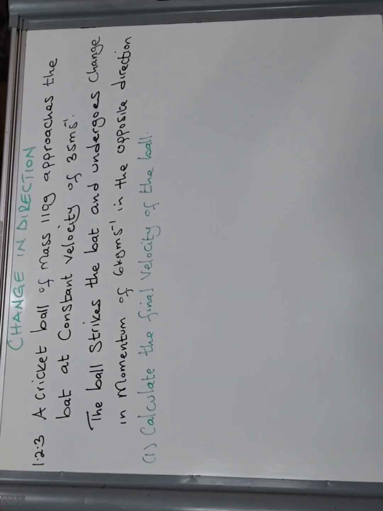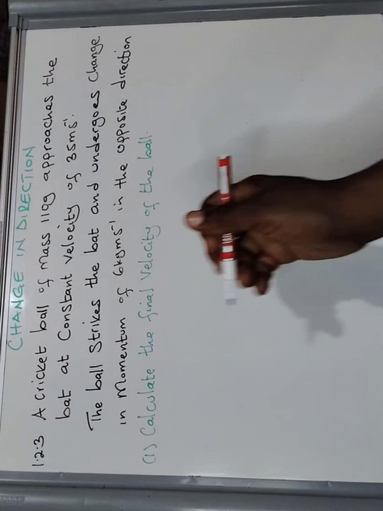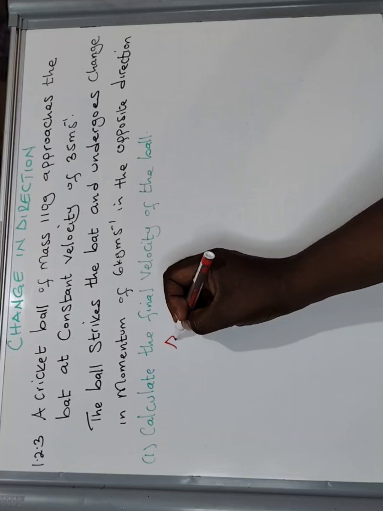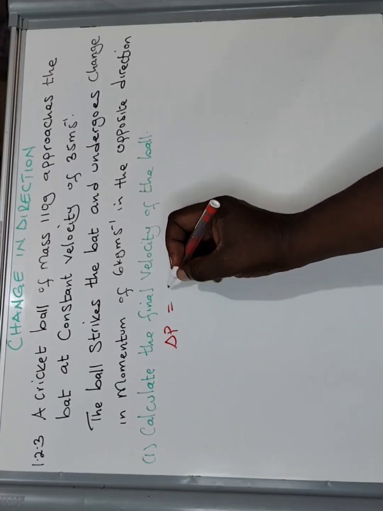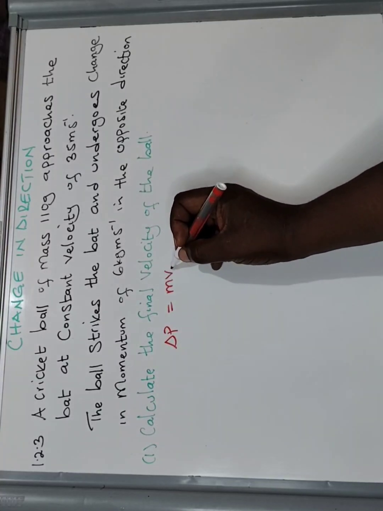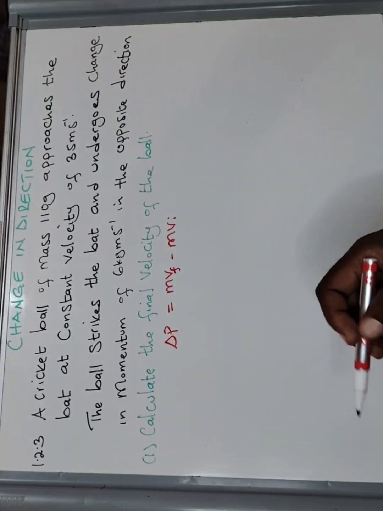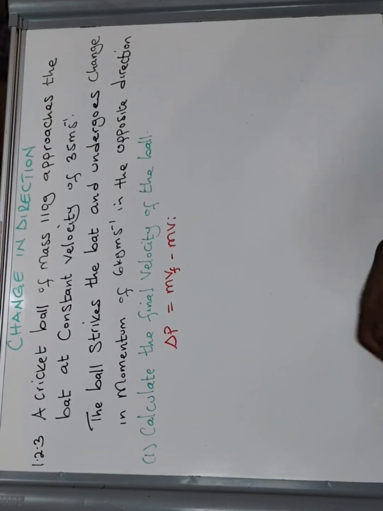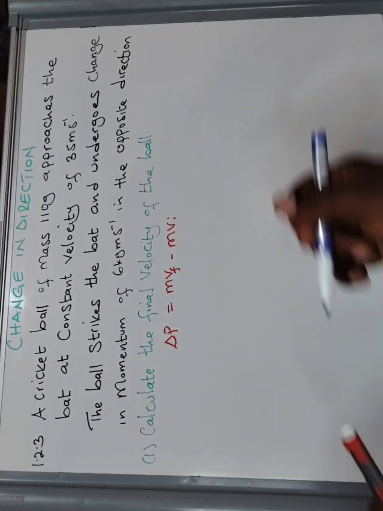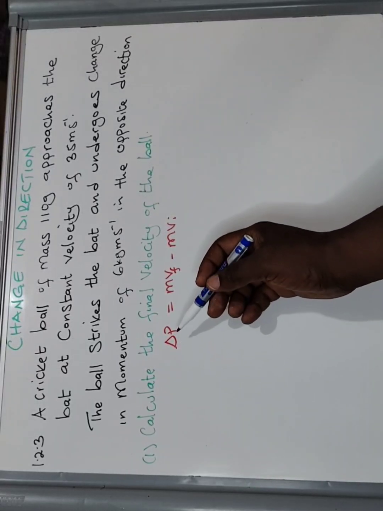Okay, here, where do we start from? Well, we know our equation is delta P equals mvf minus mvi. Okay, let us look at these entities now. What is the change in momentum?